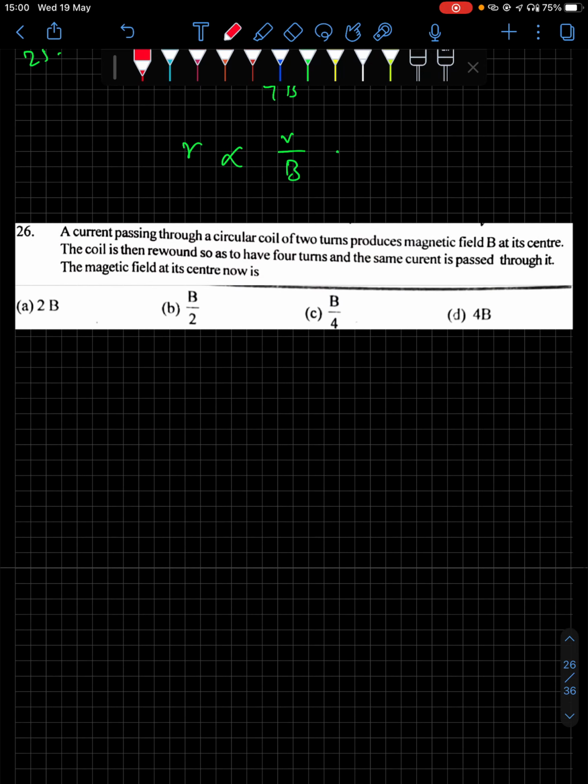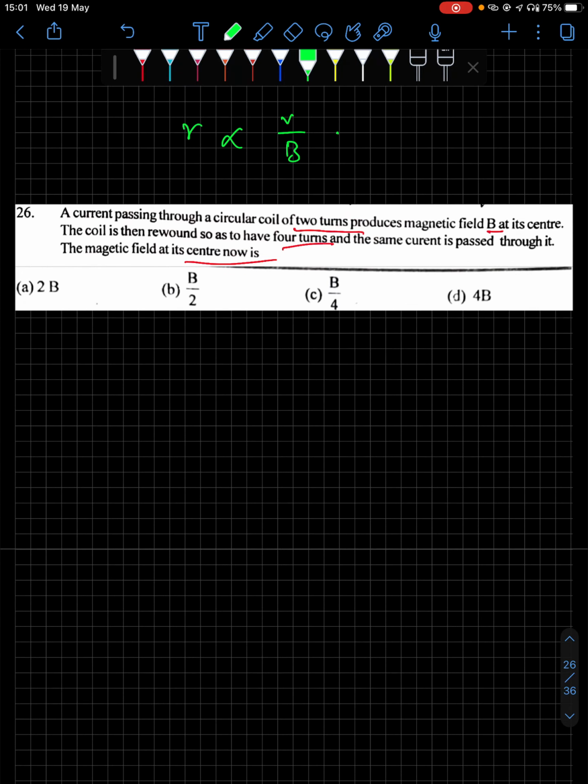Next, 26. Current is passing through a circular coil of 2 turns and produces magnetic field B at the center. Now when the coil is rewound so that you make 4 turns, and the same current is passed through, what is the magnetic field at the center in the new situation? If I have to make a diagram for this, in the first case you have 2 turns, and the radius is r.